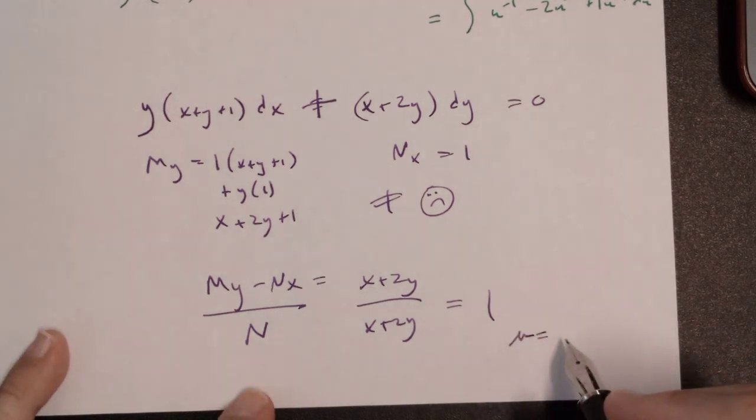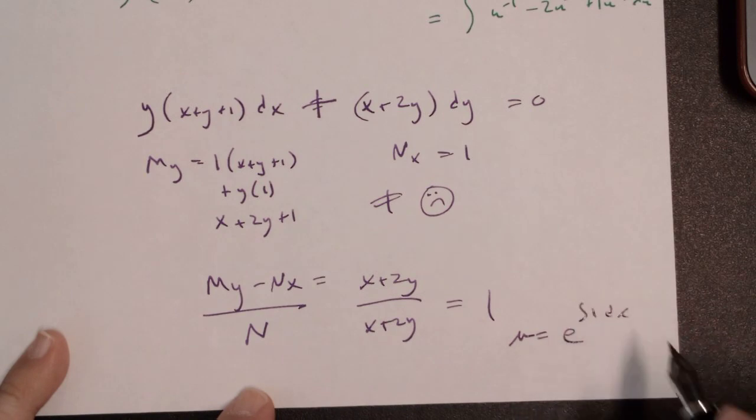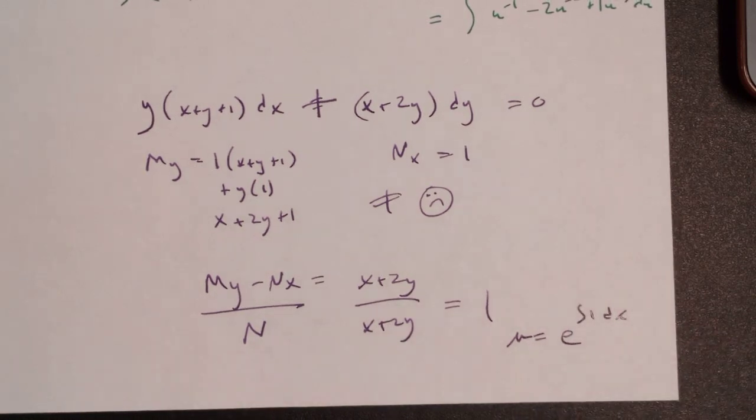Mu is e to the integral of 1 dx. If I'd done it in the other order, I would do the integral with respect to y.